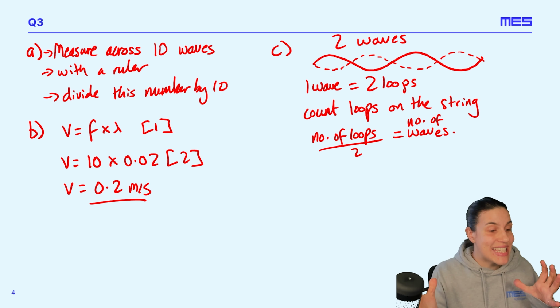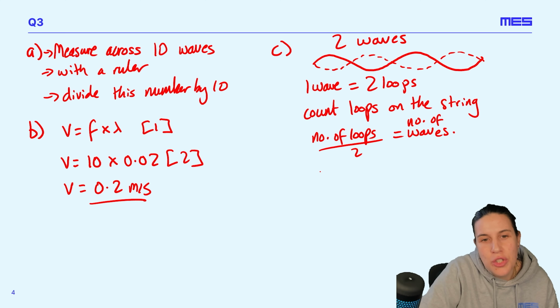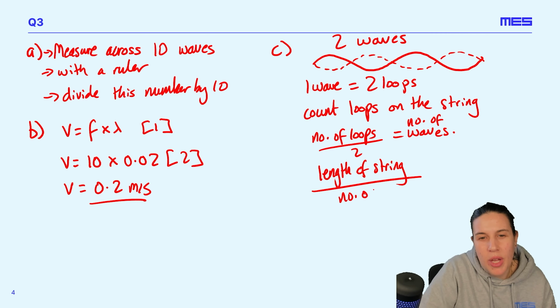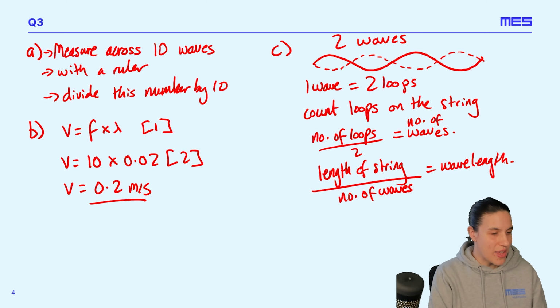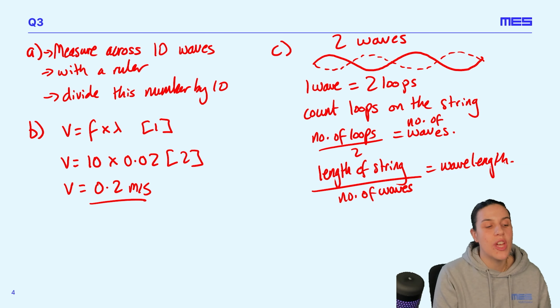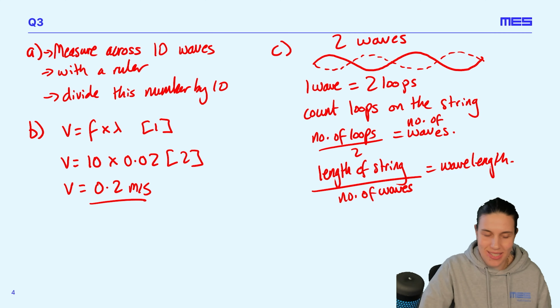So we know what the distance is here. We're told the length of the string is 2 meters. So if there are 2 complete waves in 2 meters, we're then going to do the length of string divided by the number of waves, and that will give us the wavelength. So that's how you're going to do this for any practical setup that looks like this.